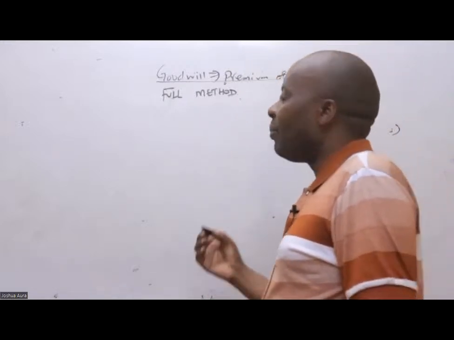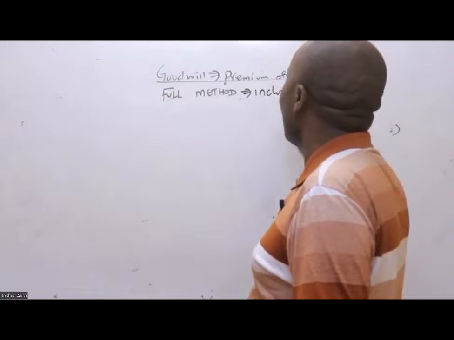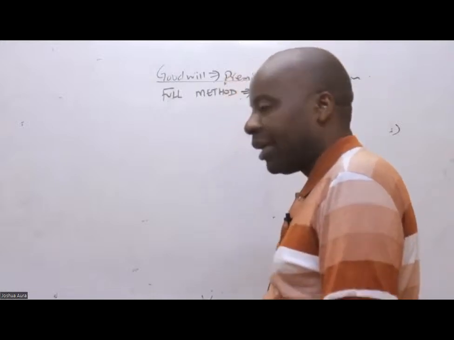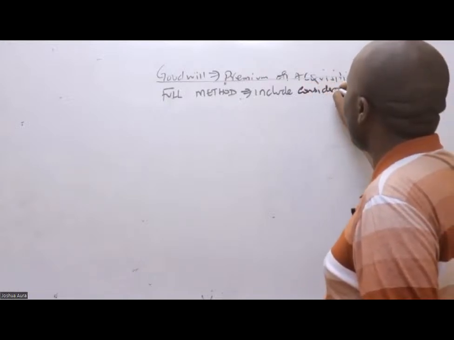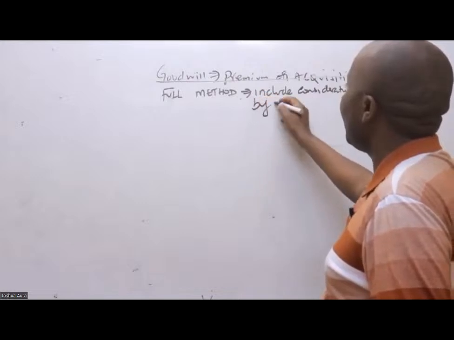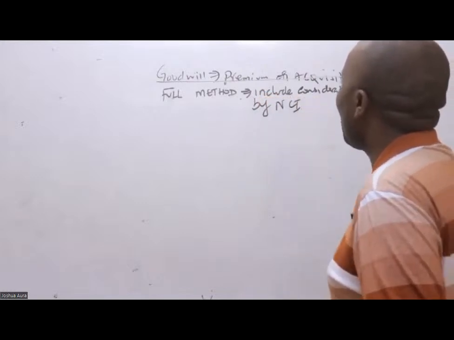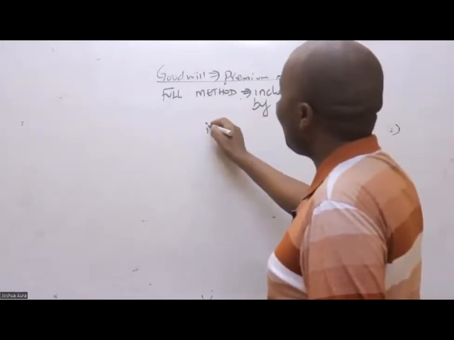In the full method, we include the consideration paid by NCI. NCI is non-controlling interest. Then, ladies and gentlemen, you are calculating Goodwill using the full method.